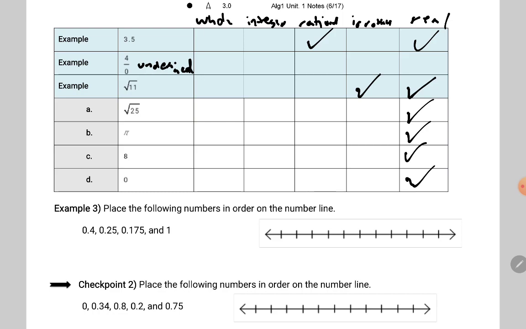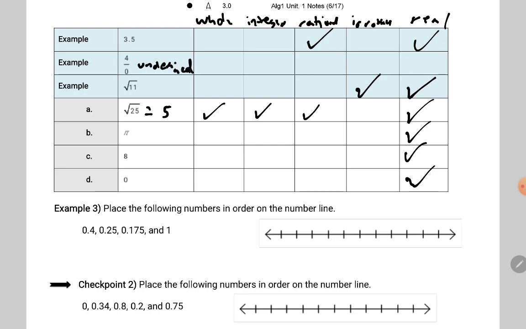Okay, so let's go back to this again. So part A, square root of 25. The square root of 25, one number times itself is 25, and that is 5. So is that a whole number? Yeah. Originally it wasn't, but you have to simplify it. Integer, yep. Rational, yep.